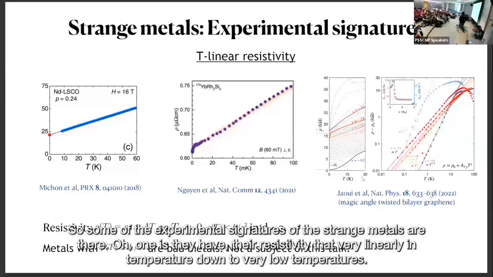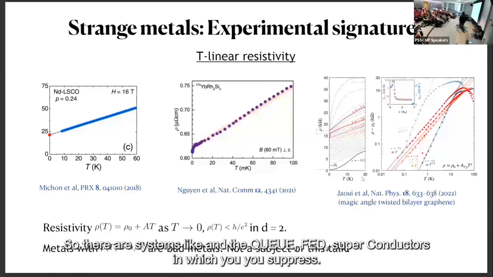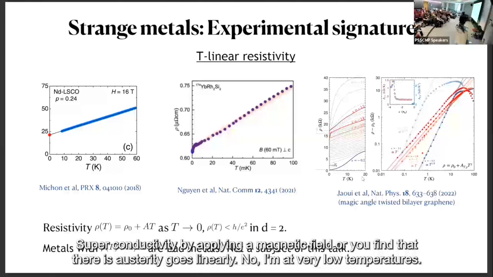Some of the experimental signatures of the strange metals: one is they have the resistivity that varies linearly in temperature down to very low temperatures. There are systems like the cuprate superconductors in which if you suppress superconductivity by applying a magnetic field, you find that the resistivity goes linearly down at very low temperatures.